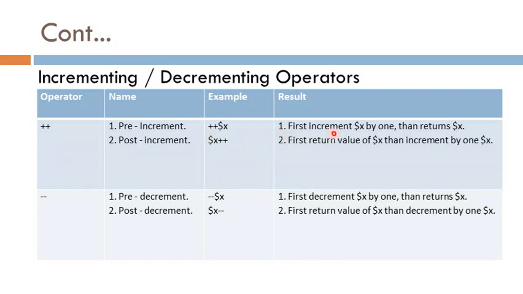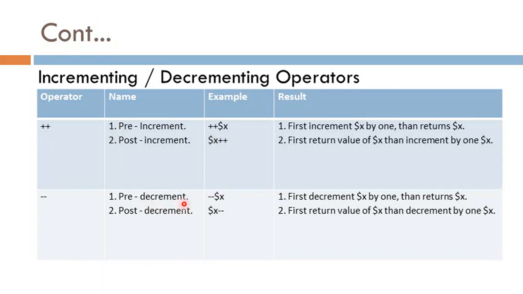Pre-increment means first increment $x by 1 and then assign to the variable. And in the second example, post-increment, first give the value of variable $x, then increment it.